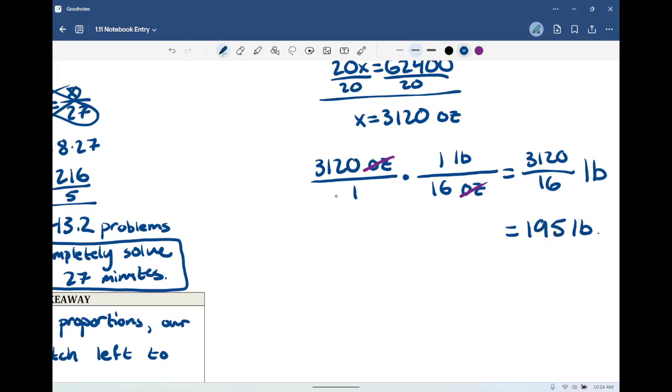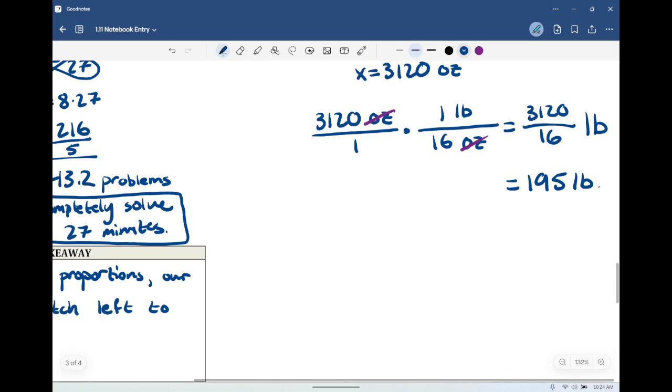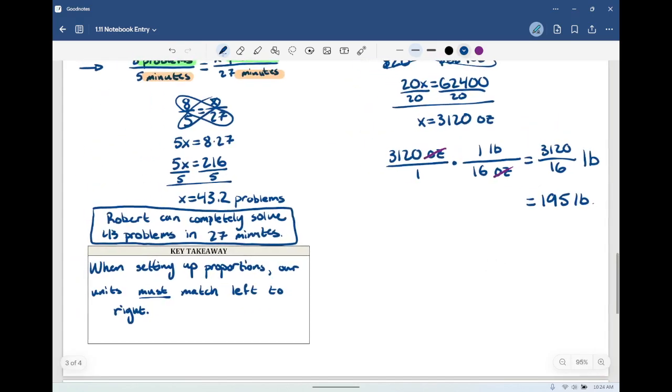And so we are pretty much there. The only thing that I'm missing is a what? I mean, I can put an X there because that is what this is. But since it's a word problem, what should I have with this? A sentence.